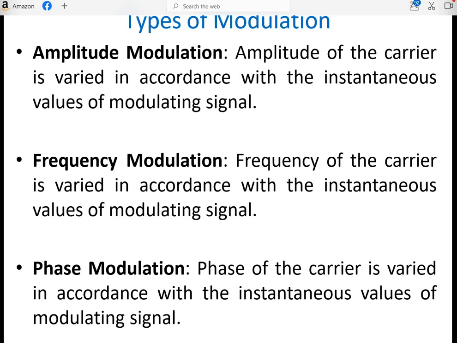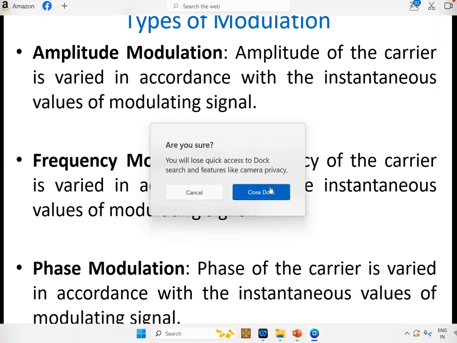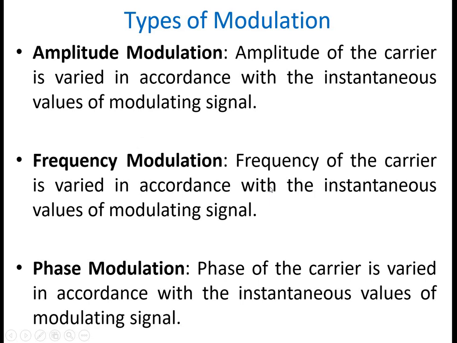First, here I have defined amplitude modulation. In amplitude modulation, what we look at is the variation in the amplitude of the system. That means according to the instantaneous value of the modulating signal, the amplitude of the carrier signal varies and the rest of the two parameters, frequency and phase, remain constant. Then this type of modulation is called amplitude modulation.